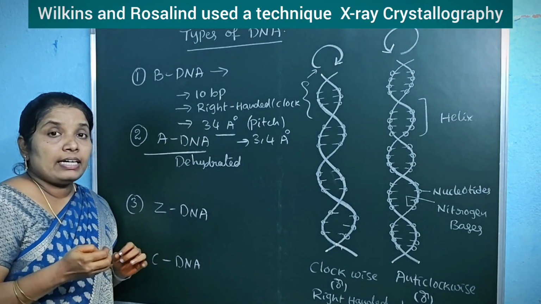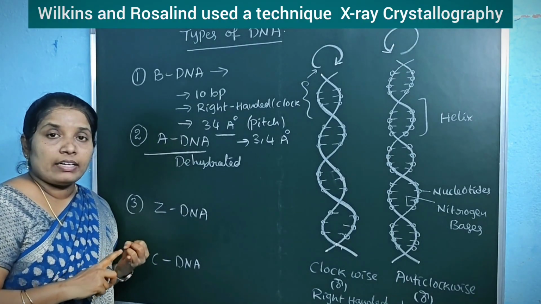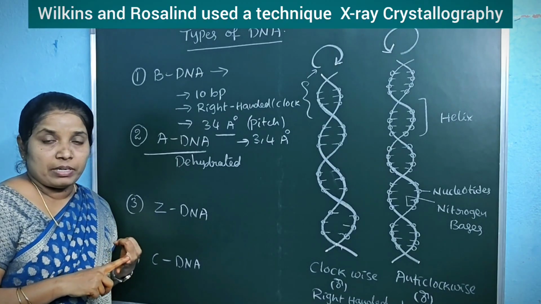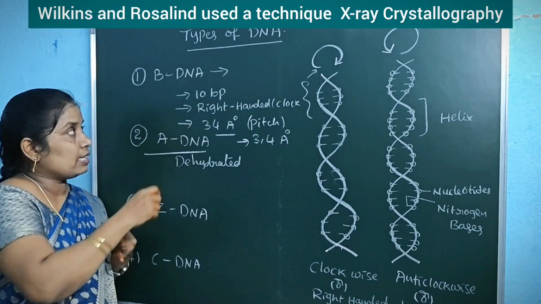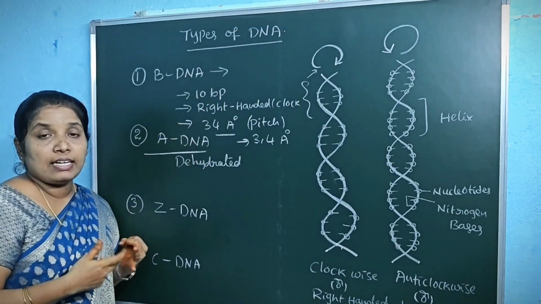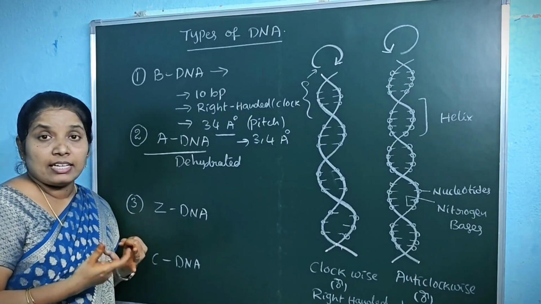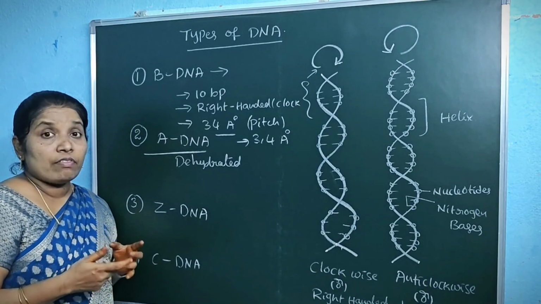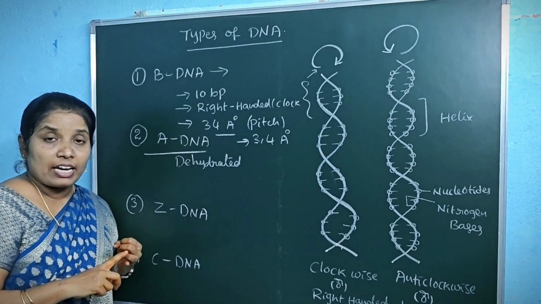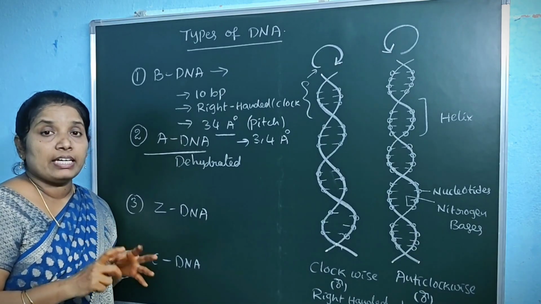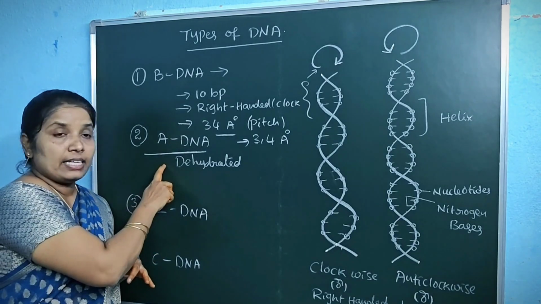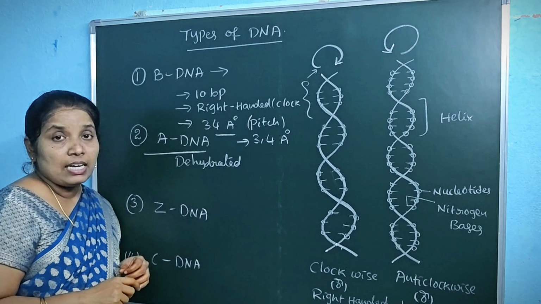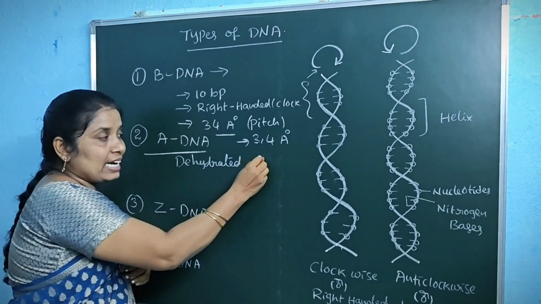They got two types of DNA: one is wet type DNA, the second one is dry type DNA. Wet type DNA is nothing but bDNA. We have studied the complete structure of DNA in the previous video. The second type they got is aDNA, that is the dehydrated form, nothing but dry DNA.